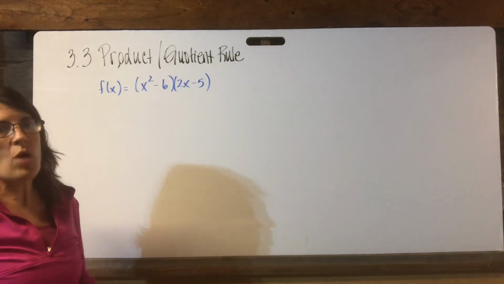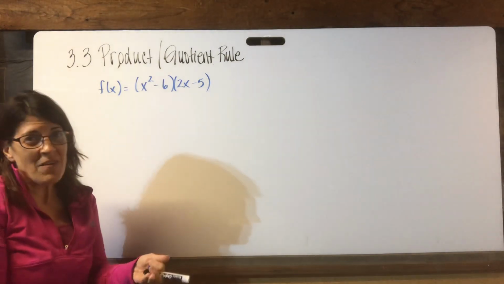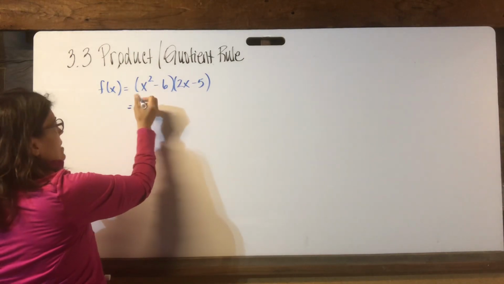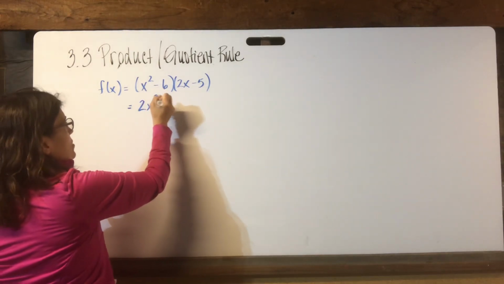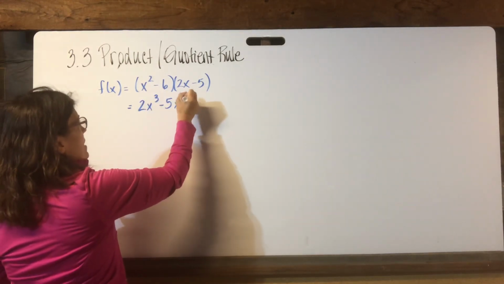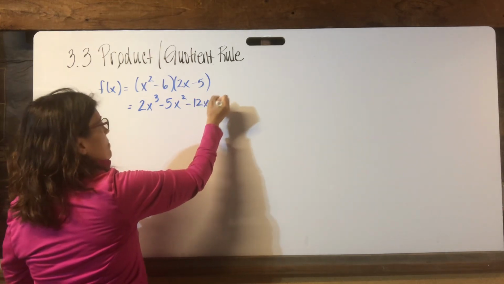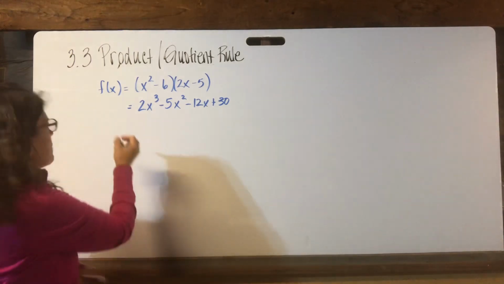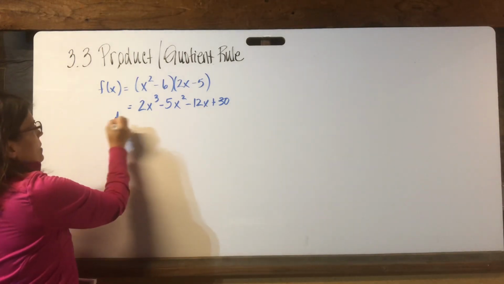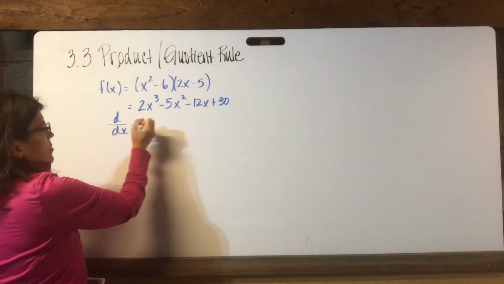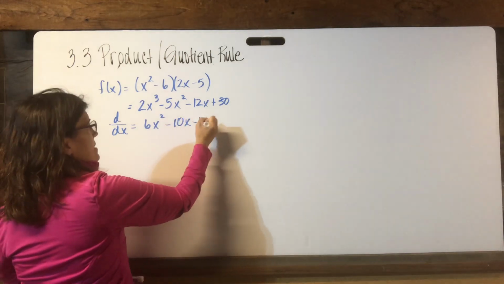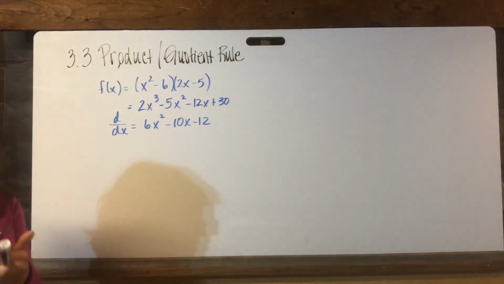You could use the product rule for this. For certain functions though, I would just multiply this out, which would give me 2x cubed minus 5x squared minus 12x plus 30, and then I would differentiate it from here. So the derivative with respect to x is 6x squared minus 10x minus 12.